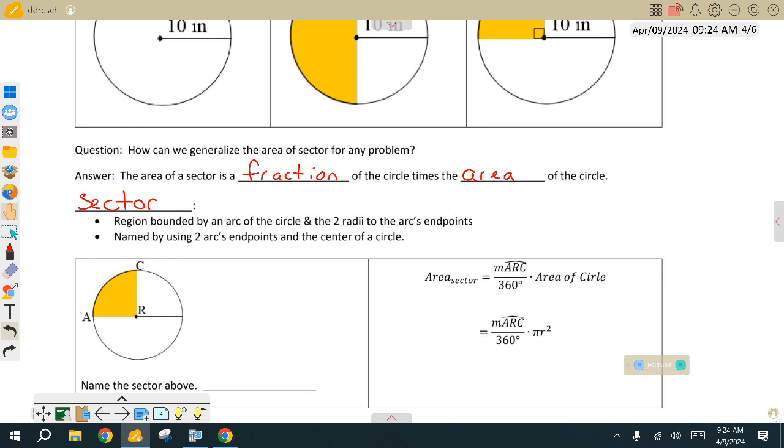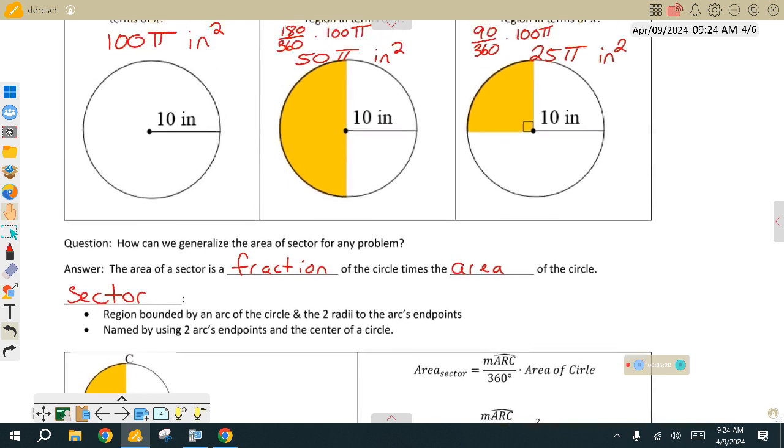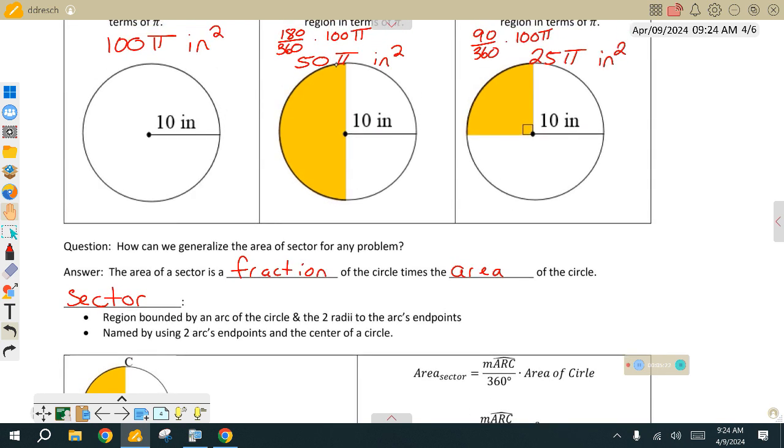It's a region bounded by an arc of the circle and then the two radii, and that's what we just had. Here is the arc of the circle bounded by two radii. Those are sectors.